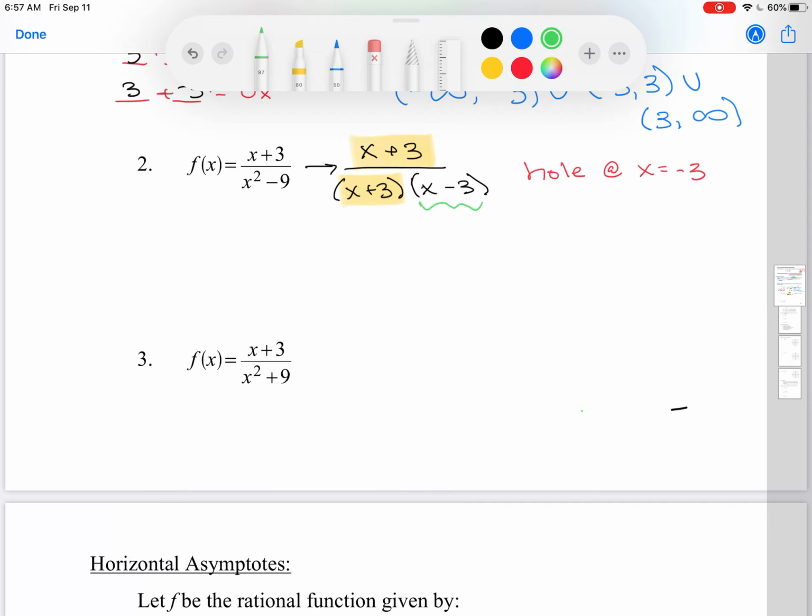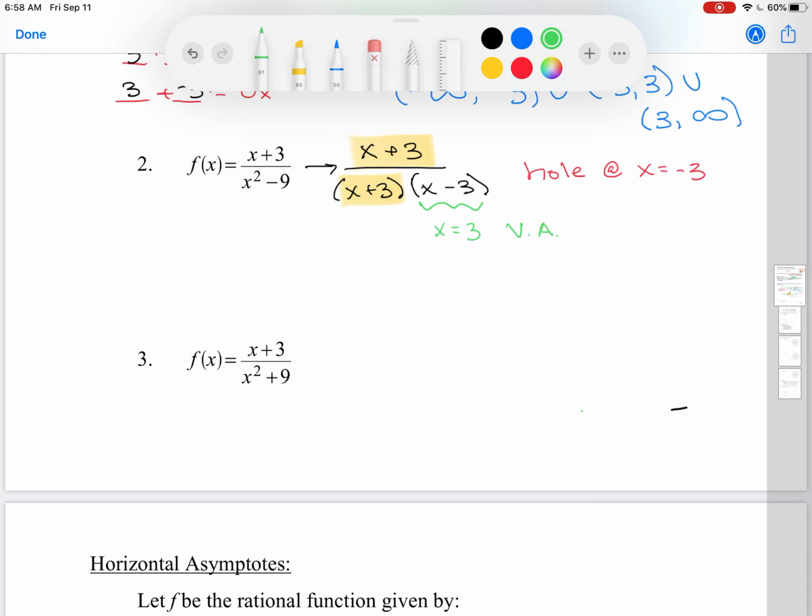So the only other factor here is going to be considered my vertical asymptote. It's in the denominator, it's factored. I just have to be aware that when I solve for x this time, it's going to be a positive 3. And that, my friends, is your vertical asymptote. You have a hole at negative 3, but a vertical asymptote at x equals positive 3.